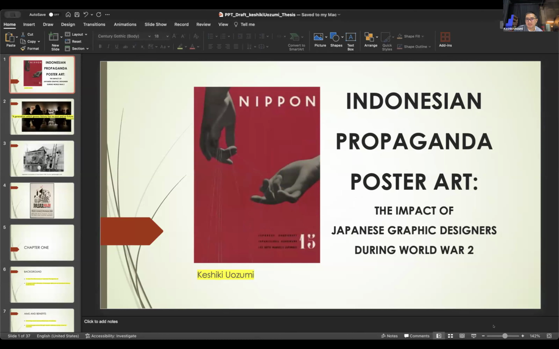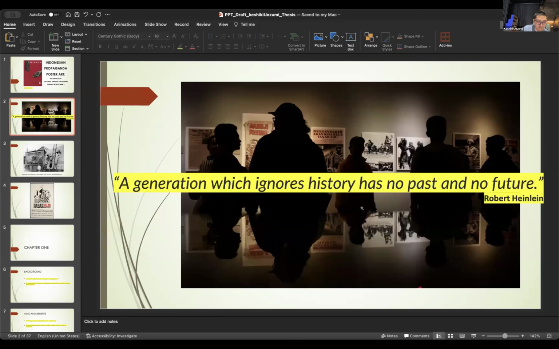So my thesis is about Indonesian propaganda poster art, specifically the impact of Japanese graphic designers during World War II. I think this is important because, during the short period that the Japanese occupied Indonesia, their efforts to connect with the people are still felt today.